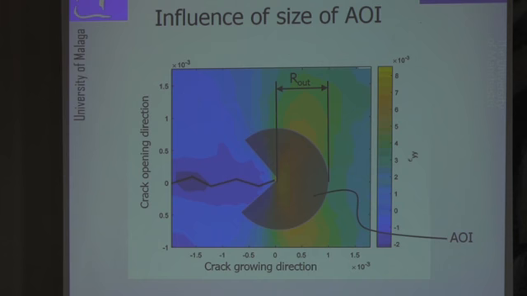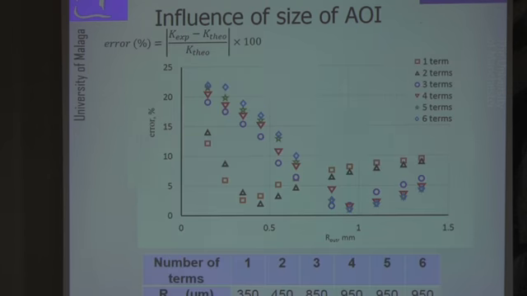Because of that, we were interested in studying the influence of the area of interest. We've done that by looking at the influence of the outer radius of this area of interest, and the result is here.